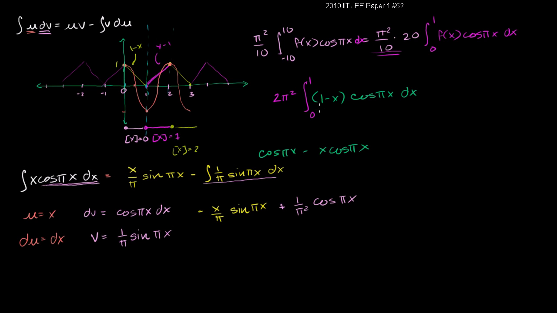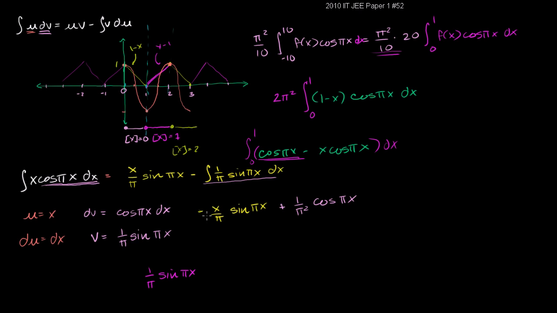And so if we want the antiderivative of this whole thing right over here, this is what we care about from 0 to 1 dx. The antiderivative of cosine pi x is pretty straightforward. We've actually already done it right over here. It is 1 over pi sine of pi x. That's this first term. And the antiderivative of x cosine pi x is this thing over here, but we're subtracting it.